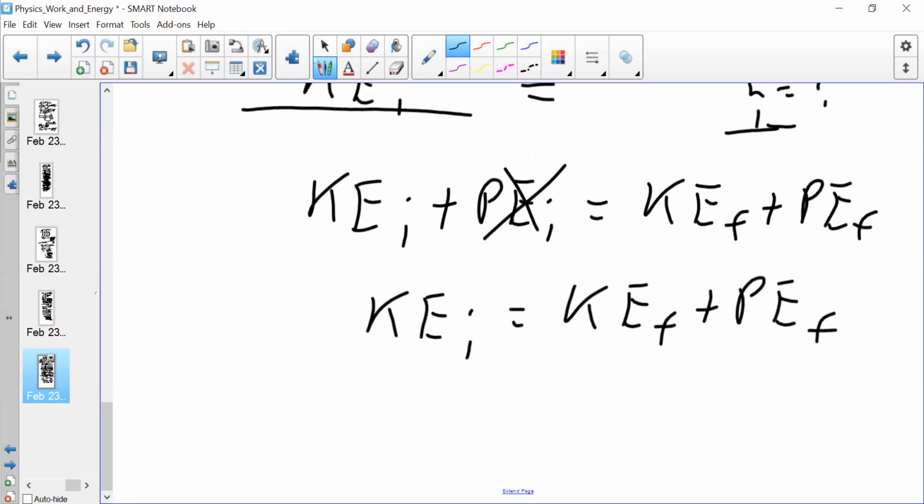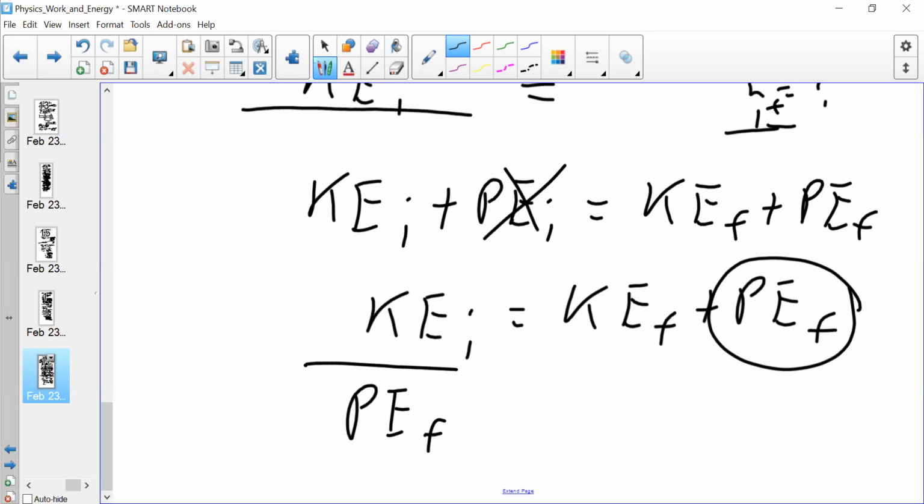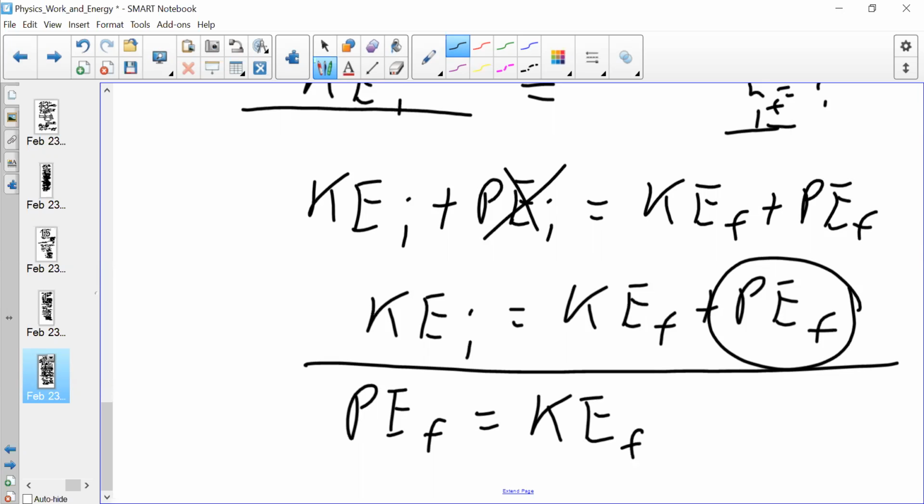And so from this final potential energy term, we can figure out his final height, hf, because that's going to be a function of the height. So let's just get the potential energy term by itself, which will be KE final minus KE initial.